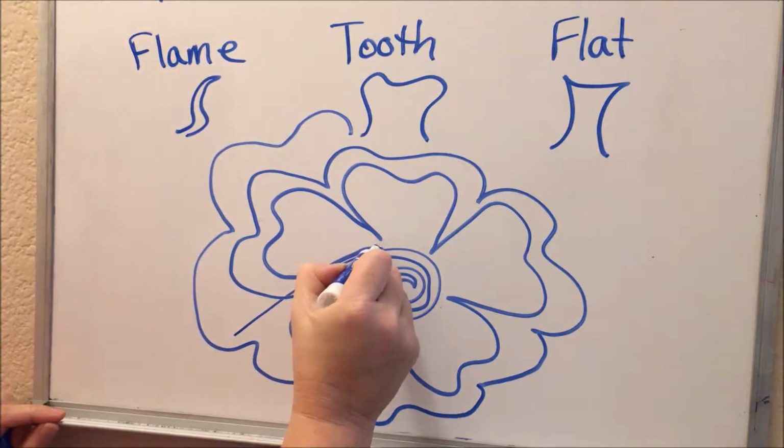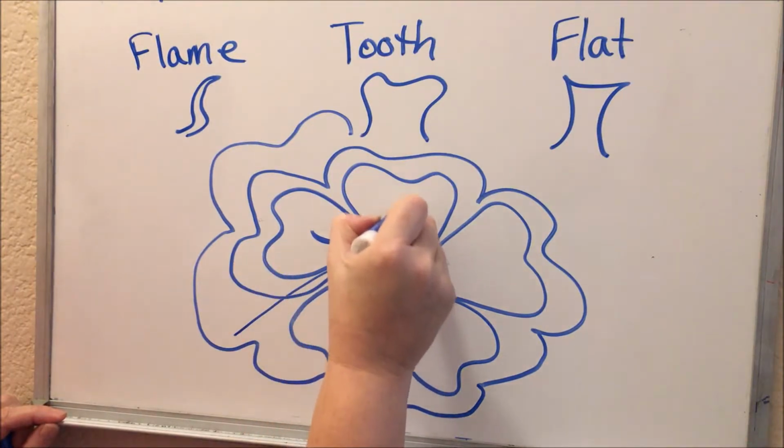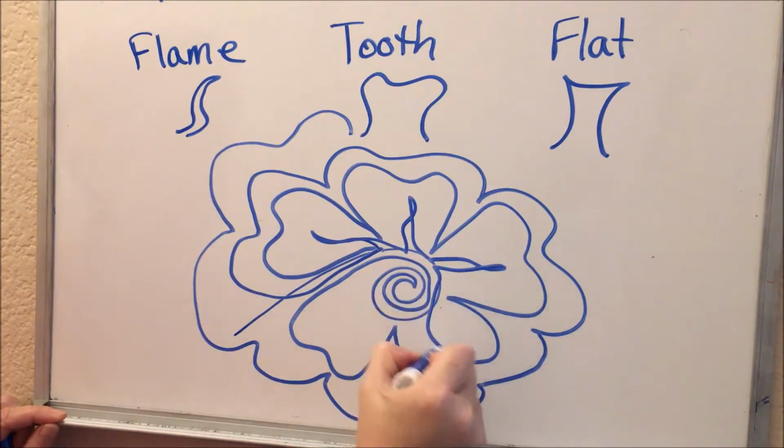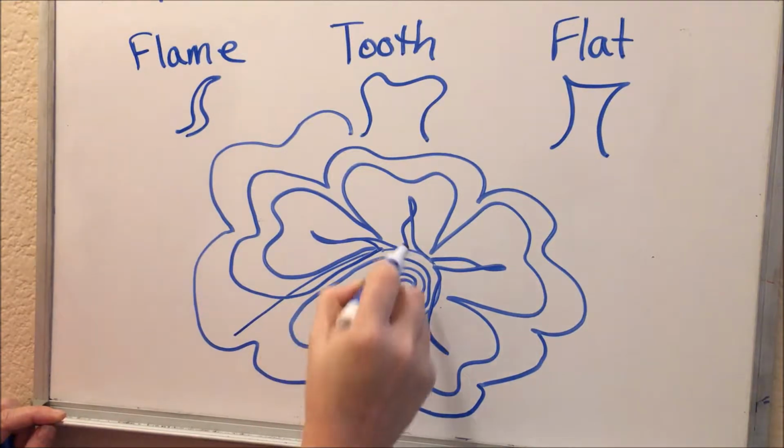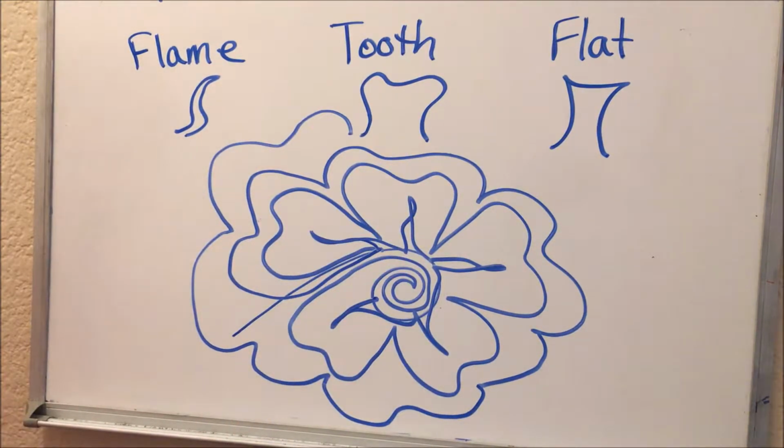I add some veins in these leaves, and they can be just a quick straight in and out or almost one of those flames in the center if you wanted to add some detail to this tooth flower.